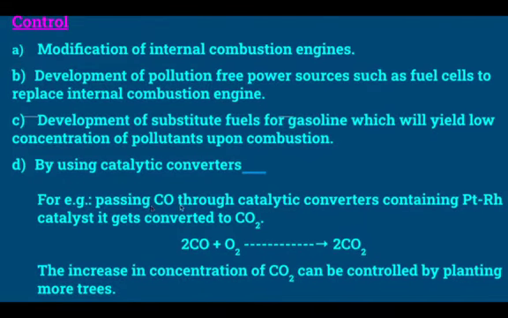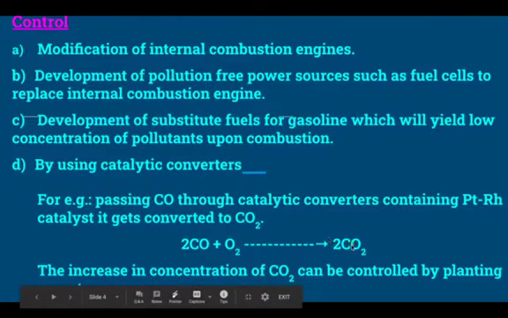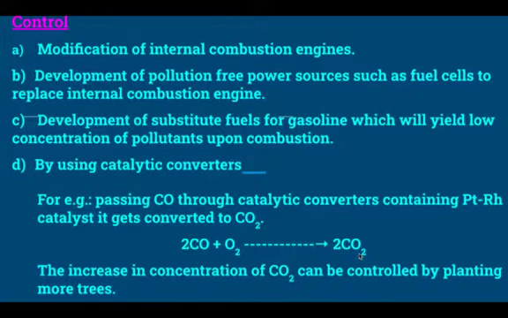For example, when you pass carbon monoxide through catalytic converters containing platinum rhodium catalyst, it gets converted to carbon dioxide. And how can you control the concentration of carbon dioxide in the atmosphere? It can be controlled by planting more trees. So these are the methods to control the amount of carbon monoxide in the atmosphere.